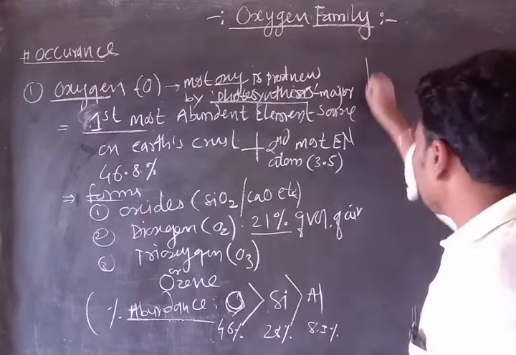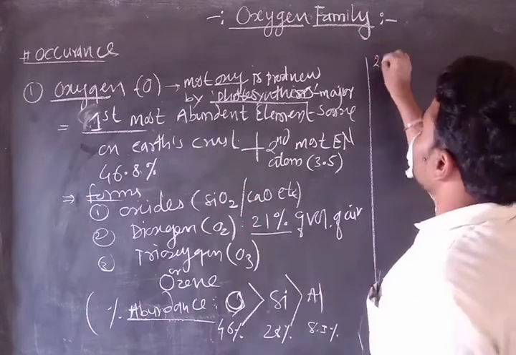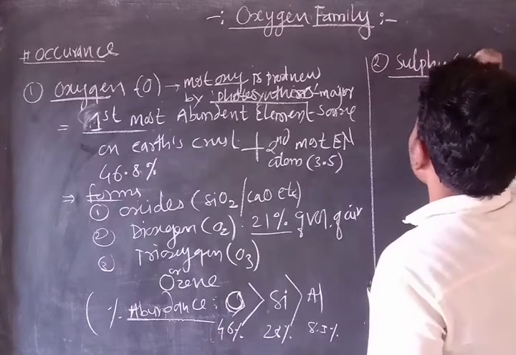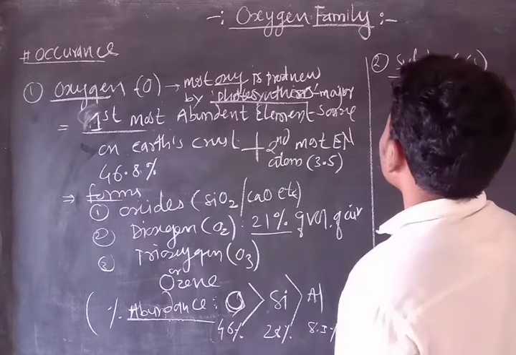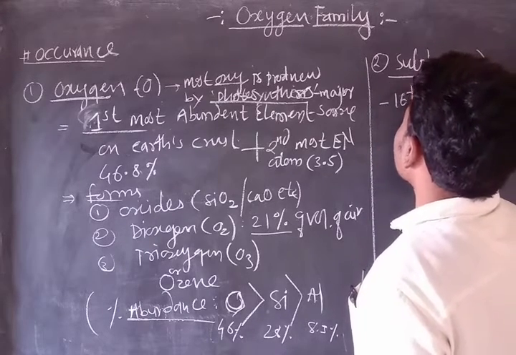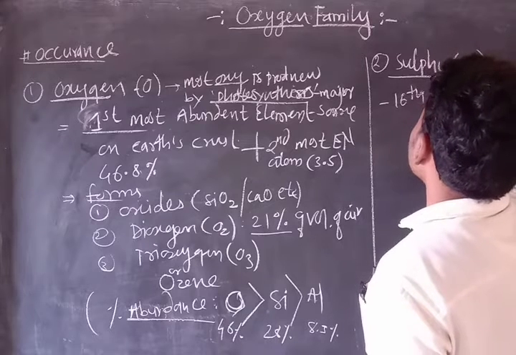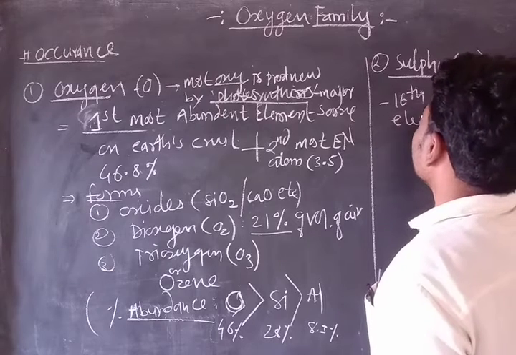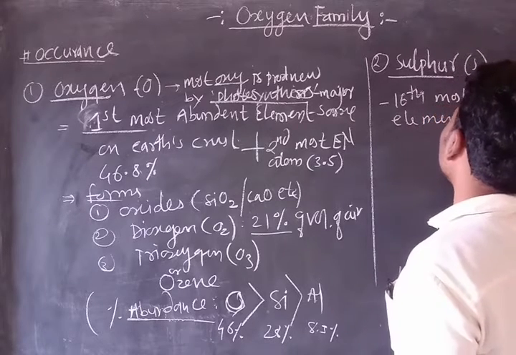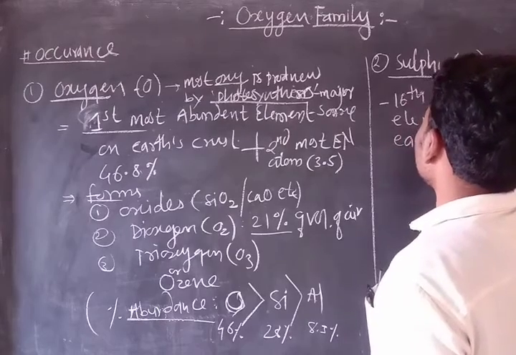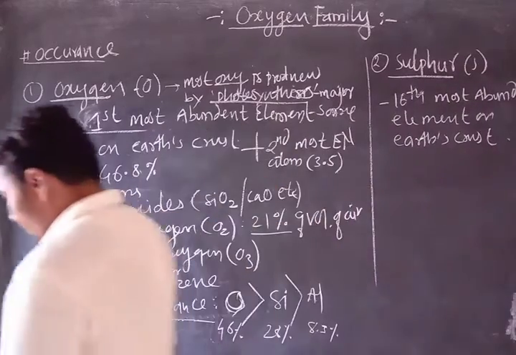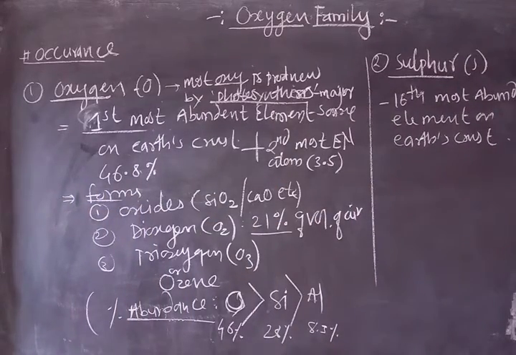Okay. After oxygen, we will see about sulfur, S, and it is the 16th most abundant element on the Earth's crust.